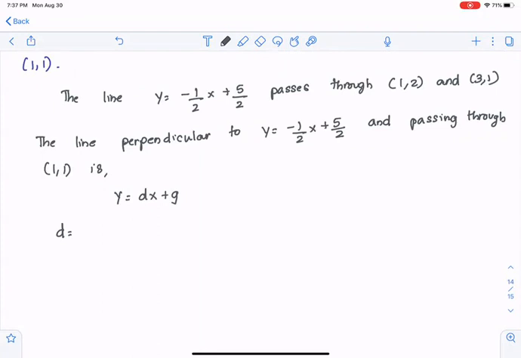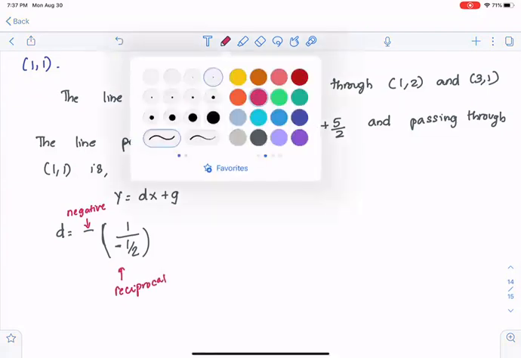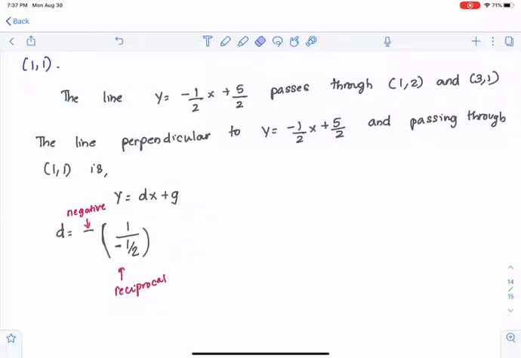In other words, we are trying to find negative of -1 over 1/2. So that is the negative part, and that is the reciprocal part of the original slope. So the negatives would go away, and 1 over 1/2, if you flip and multiply, you simply get 2.